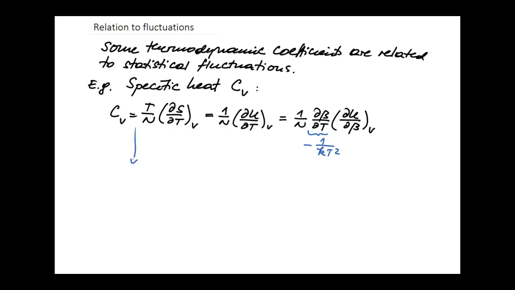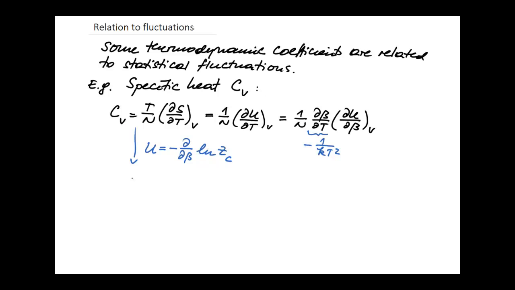And then we can exploit that we can obtain the internal energy U from the log of the partition function by taking minus the partial with respect to beta of the log of the canonical partition function.